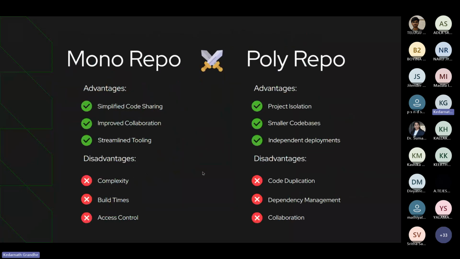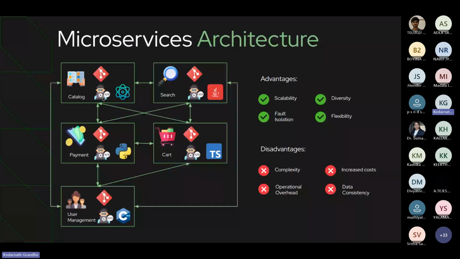Okay, so as I said, in microservices you split the application into different units and code them separately using different technologies. So how is the code stored?